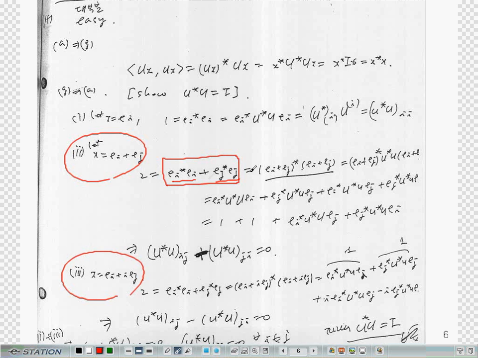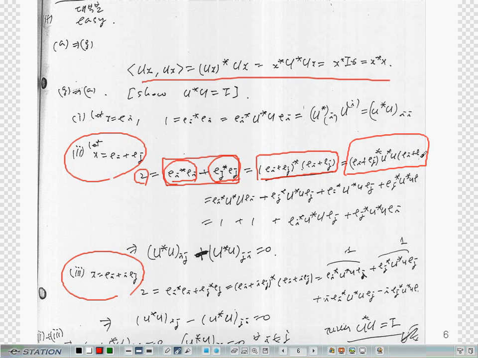Think about these two vectors. This is the i entry and j entry. Addition of them, they are 2 because each of them are 1. And then we can think of that as the inner product of these two vectors. Okay. So from the given condition, we can rewrite it in this way.